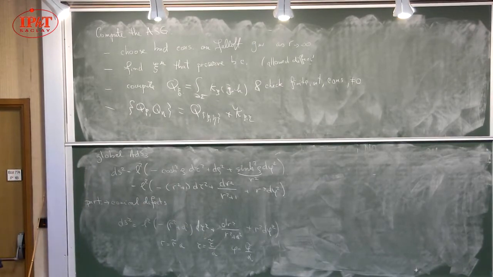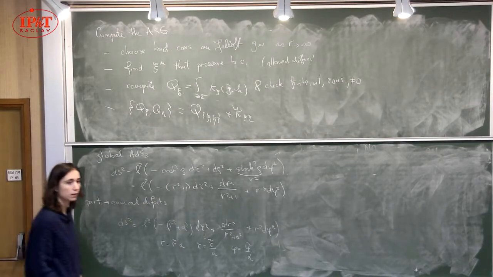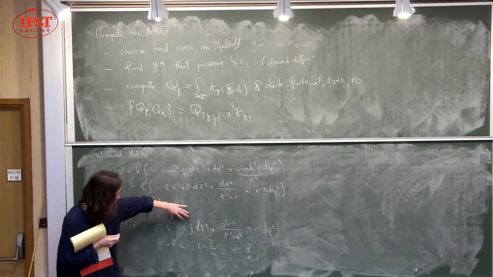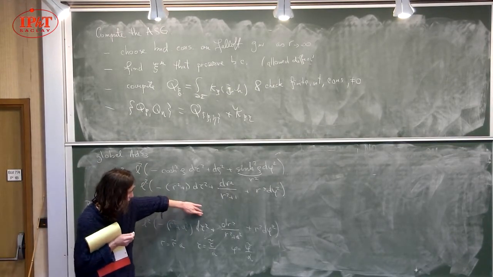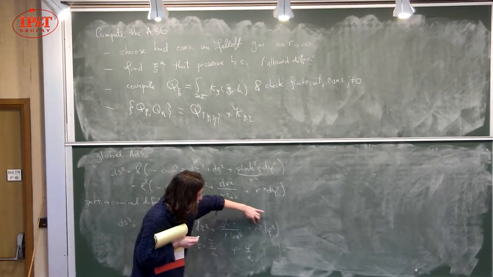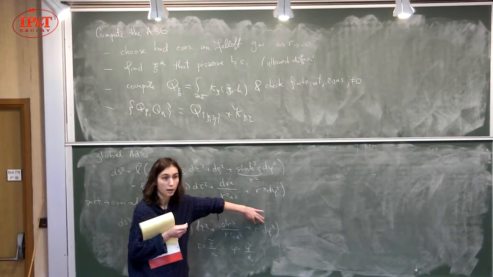I can completely absorb alpha into this rescaling, because this picks up an alpha squared, which is eaten up by this factor. This term is invariant, and then this phi absorbs the 1 over alpha from r.